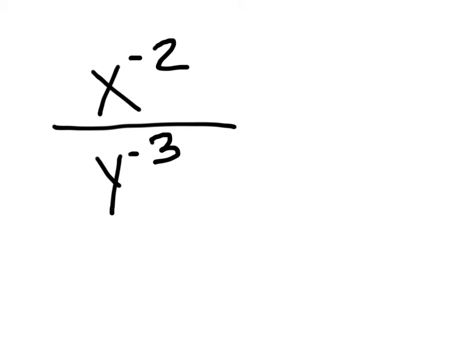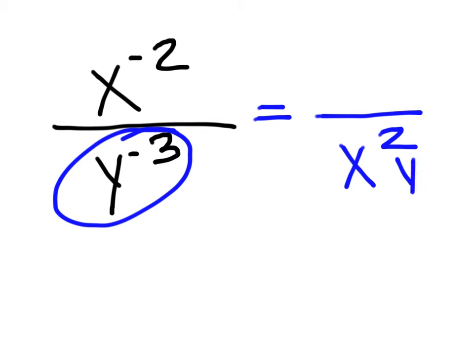What would the answer be to this problem? Somebody raise their hand and tell me clearly what the answer would be if you're going to answer it. Yeah, Porter. X to the second would be on the bottom. This is y to the negative third, and we'll give her the point for that.